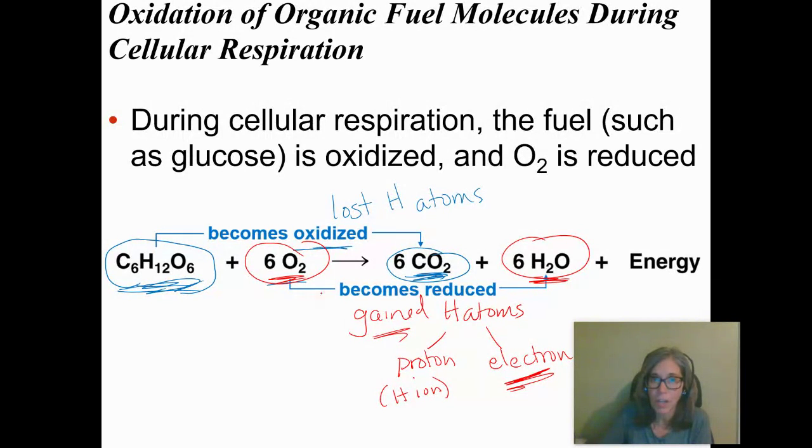So you're getting reduced. So that means oxygen is getting reduced, right? So cool. So you ready for that? If oxygen is getting reduced, that means it's the oxidizing agent. Oh my God, right? So much fun. And so glucose, finishing it off here, is the reducing agent.